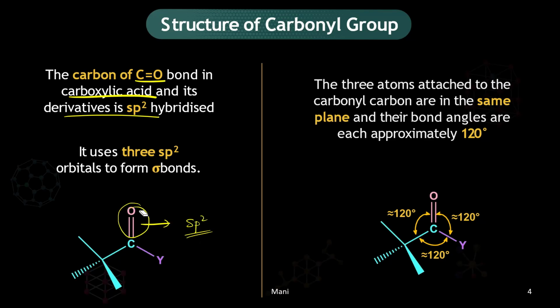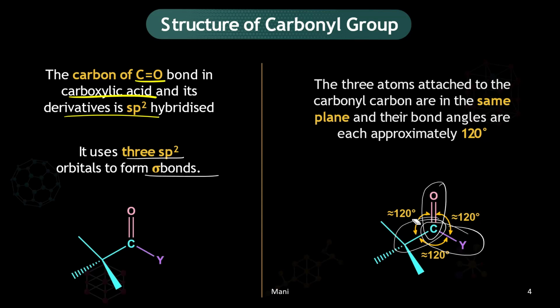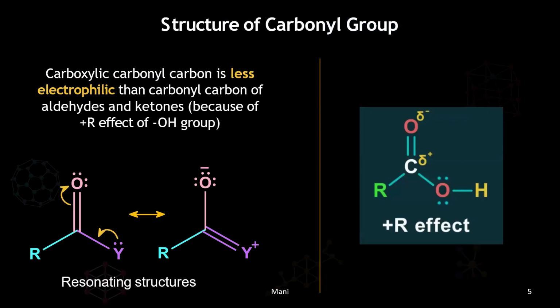So this structure is formed by three sp2 orbitals, and the three atoms attached to the carbonyl carbon lie in the same plane. These are all sp2 orbitals, they have 120 degrees between them, so they maintain equal bond angles. Just know these things.